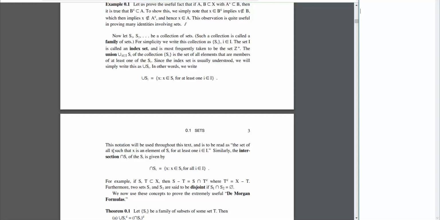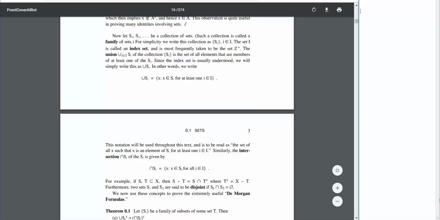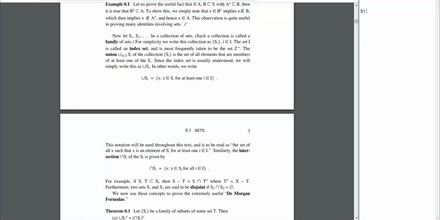The set of all x such that x is an element of S_i for at least one i in the positive integers. Similarly, the intersection. Now the intersection is a bit different. Going with our previous example, say we have S1 and S2. The union would yield this. The intersection, though, would yield 1, 2, 3, right?